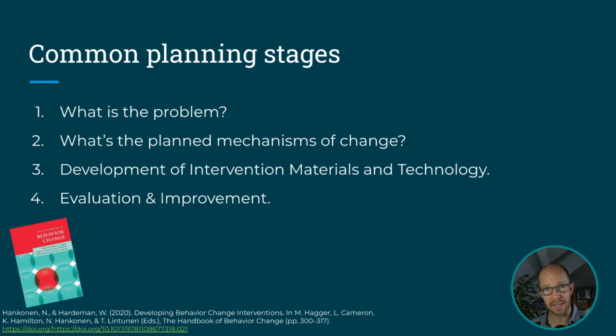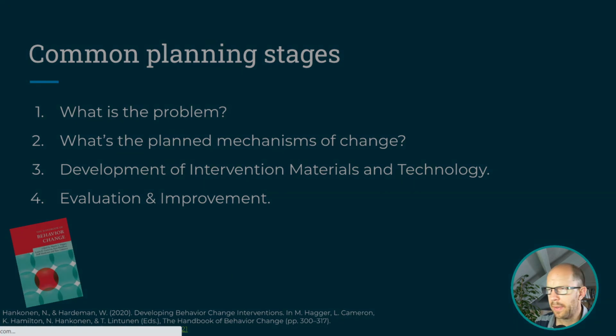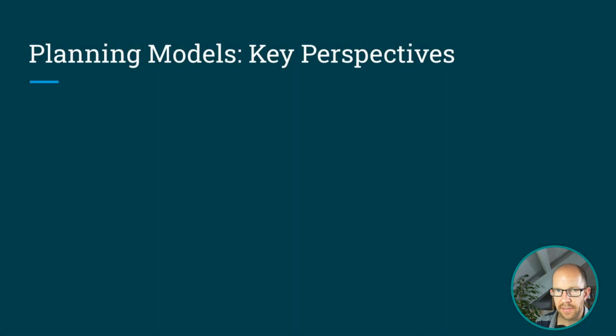It's really important to get that evaluation in early, and then to make sure that it's appropriate to all the stakeholders as well throughout. So I'd encourage you to have a look at this chapter. It's a really good way into looking at how we can develop the models of developing health behaviour interventions.